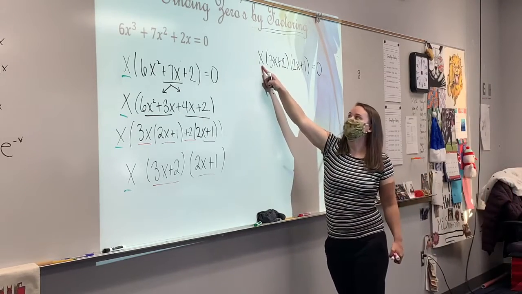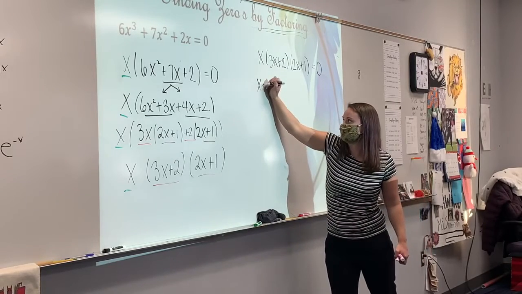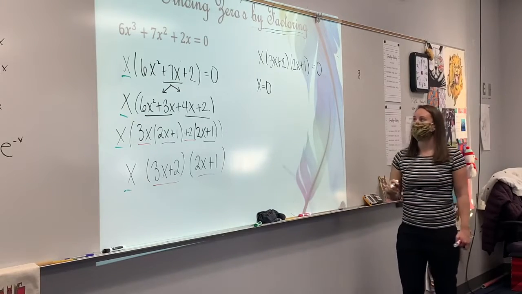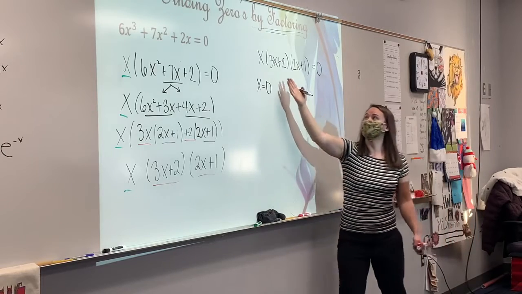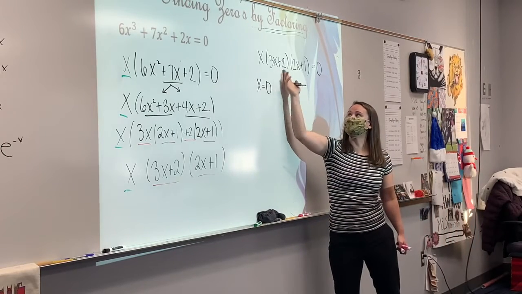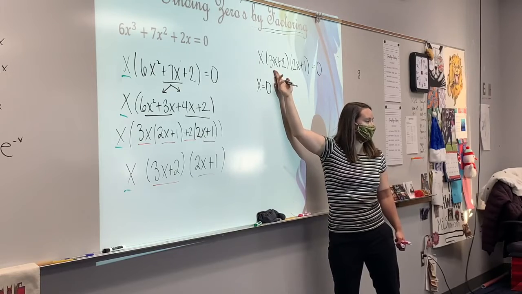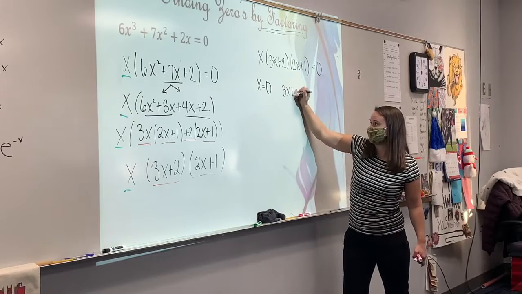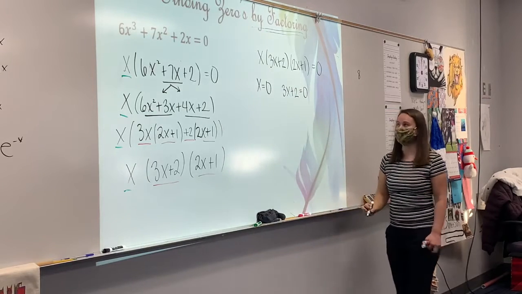What would this have to be to make my whole thing 0? 0. Correct. Now, this is much harder. We want this to be 0. I cannot do it in my head. So what I do is I set up an equation, 3x plus 2 equals 0, and I solve it.